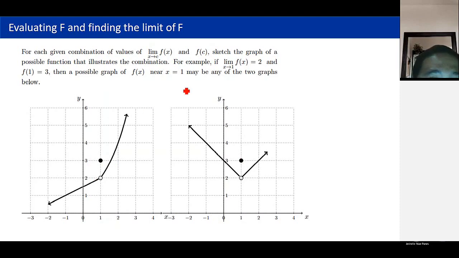And here, the limit of f of x as x goes to 1, from the left is 2, from the right is 2 also. So the limit is 2, and by direct substitution, it's 3. Similar to this. Okay, so these two are discontinuous, or we call this one discontinuity.